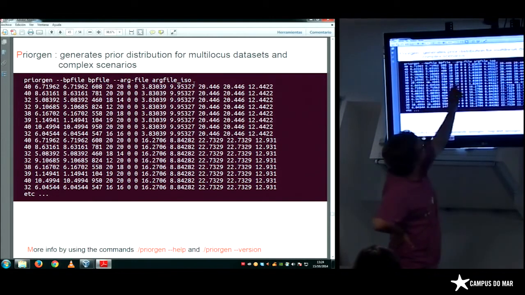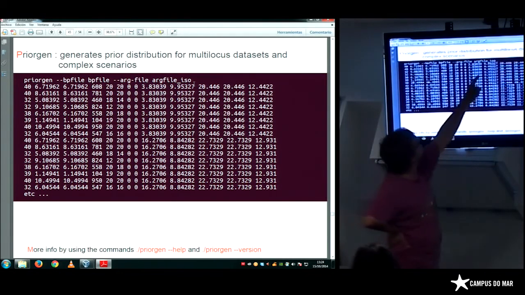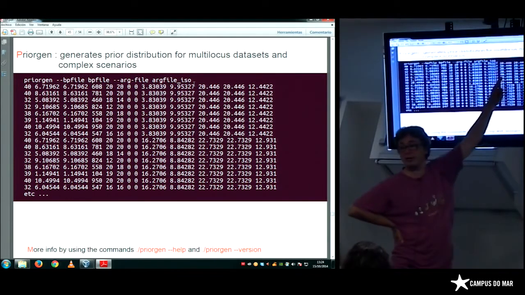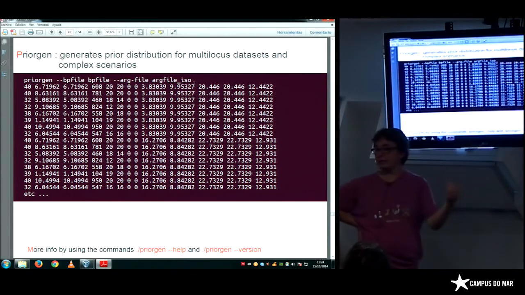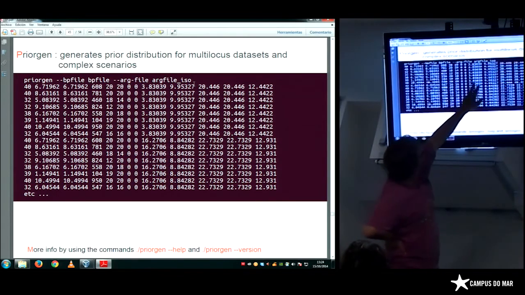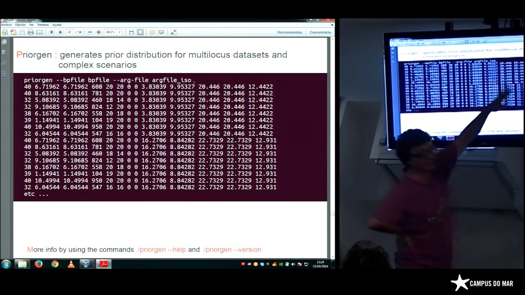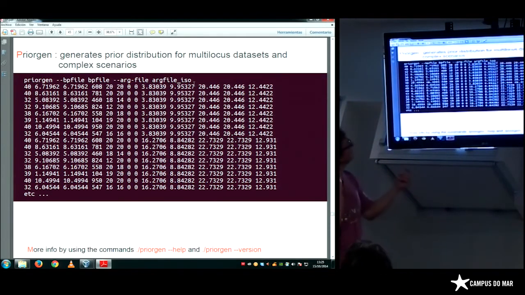Here it's 0 because you have no gene flow. So if you call another model, you will have values of NM sampled in a uniform distribution. And here you have all the parameters that are shared between loci. What is shared?